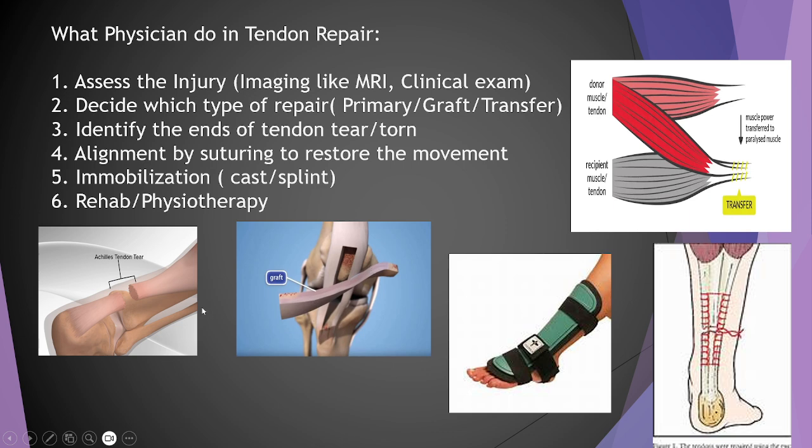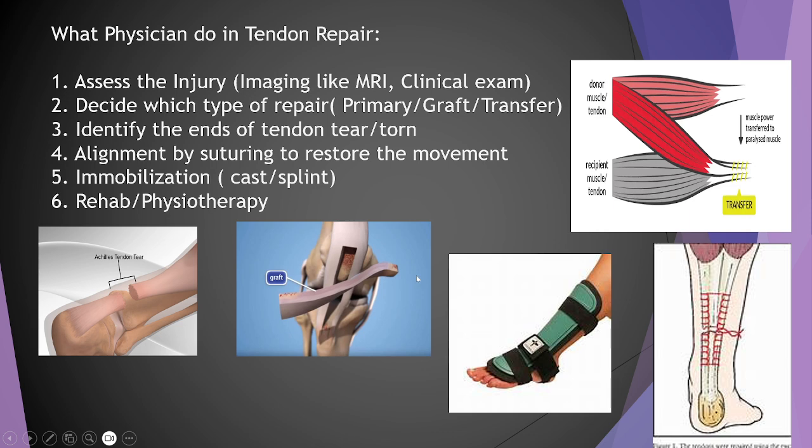After that, he identifies the ends of the torn tendon. For example, here you can see in the pic, here is a leg and the tendon breaks. He will identify the ends of the torn tendon, align them, and suturing will be done to restore the movement. The cast and splint will be applied, and after that rehabilitation or physiotherapy will be done.